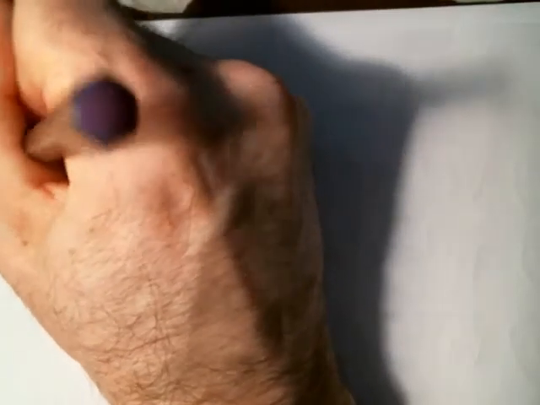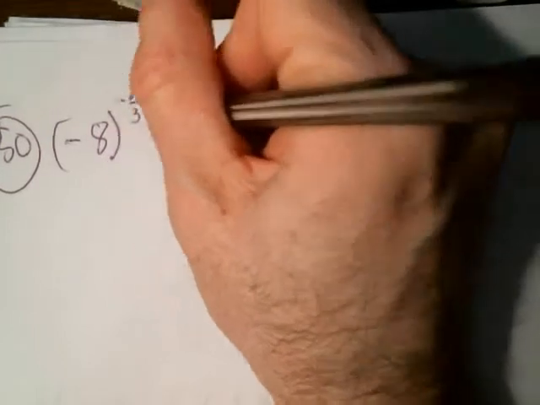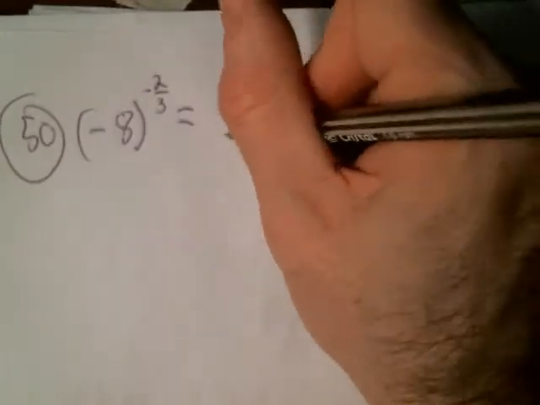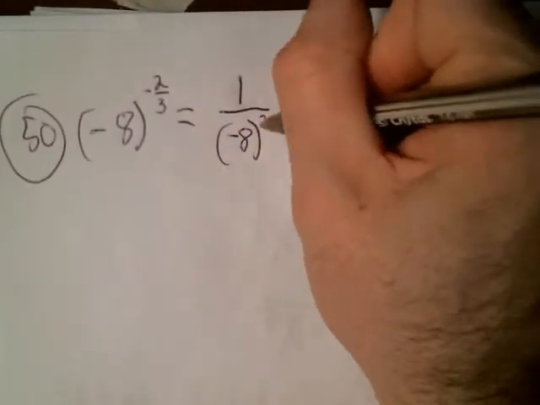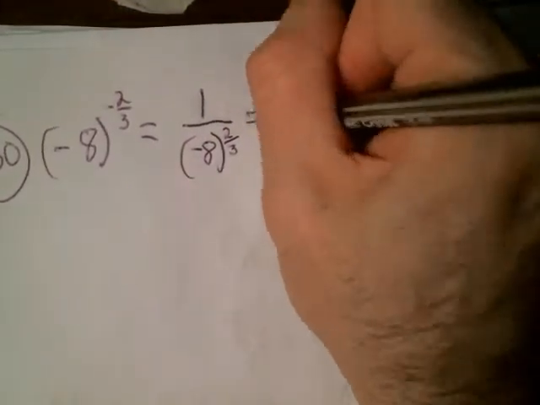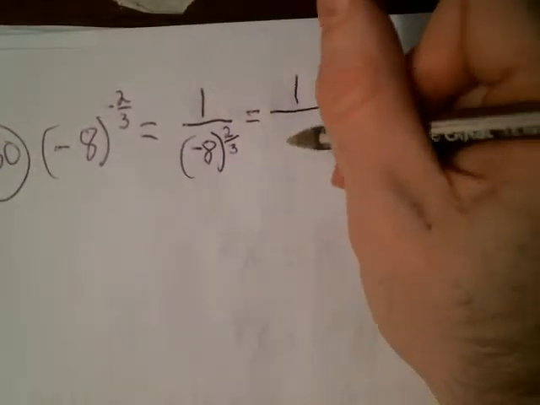Let's look at 50. We have negative 8, the base, negative 8 raised to the negative 2/3 power. Right, so I'm going to take the negative 8, drop it to the denominator, and change the sign of the exponent. Then I'm going to rewrite it.